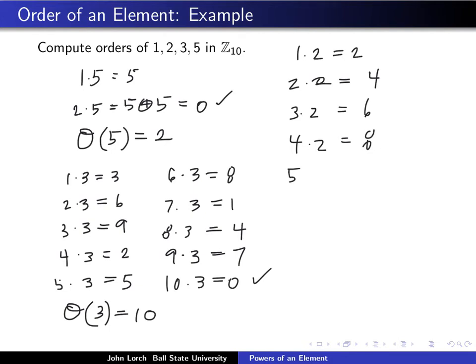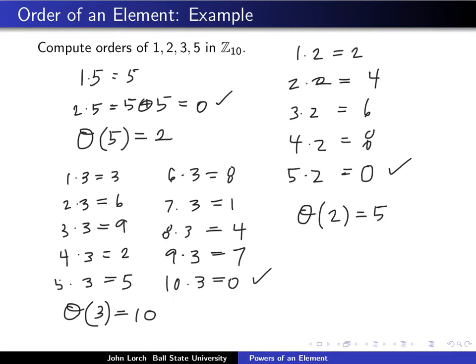And then finally, 5 times 2, that's going to be 8 plus 2 in our group, which gives us 0, which is our identity. So the smallest multiple of 2 that gives us the identity is 5.